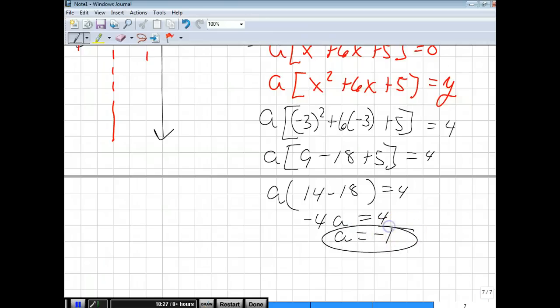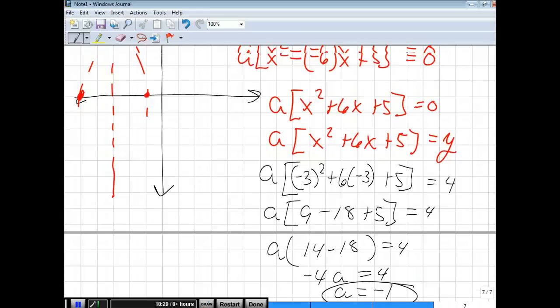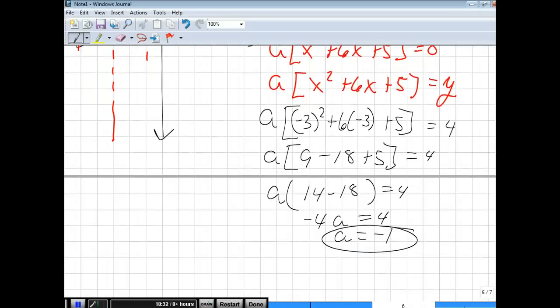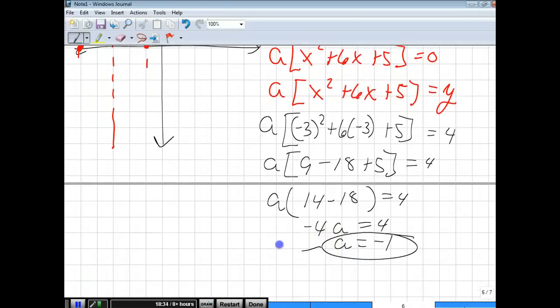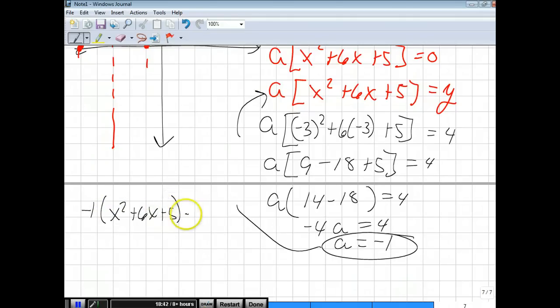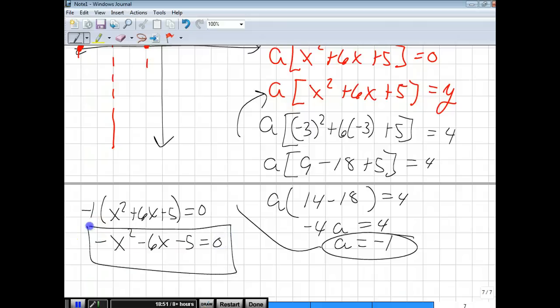And that looks like it should be right because A is negative, which means it's going to open down. Now come back here and plug in your A. So -1 times x squared plus 6x plus 5 equals 0. Alright, so this is the equation of the function.